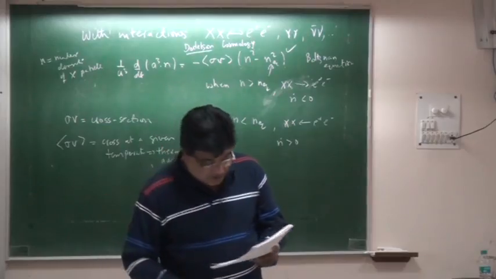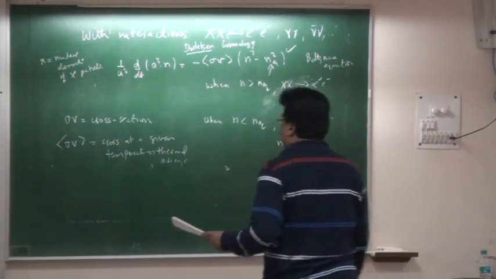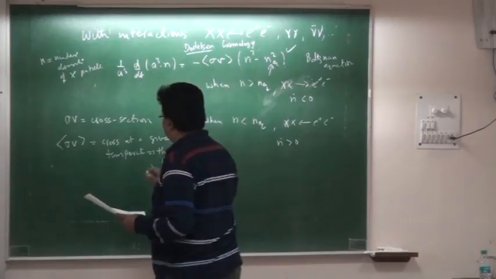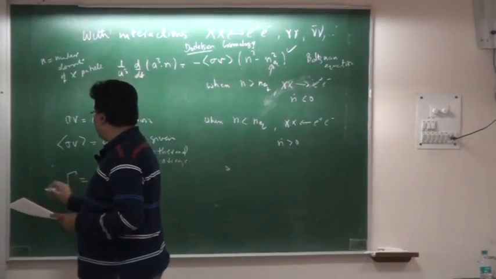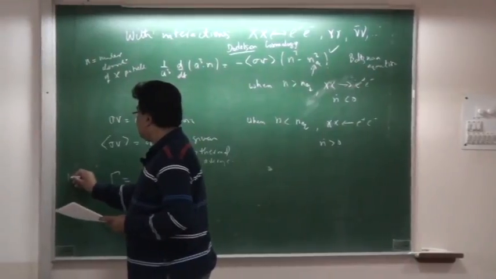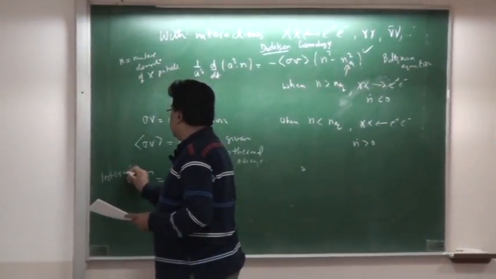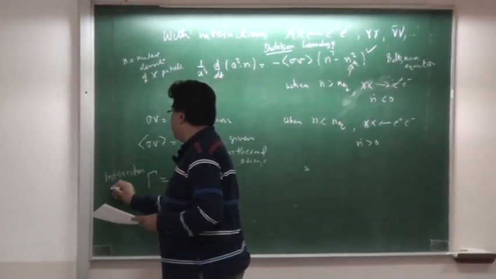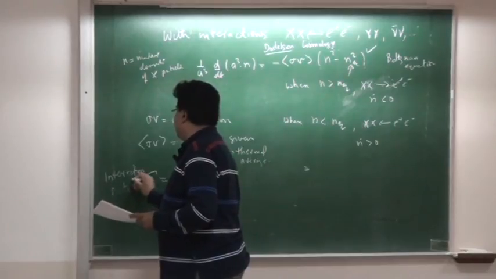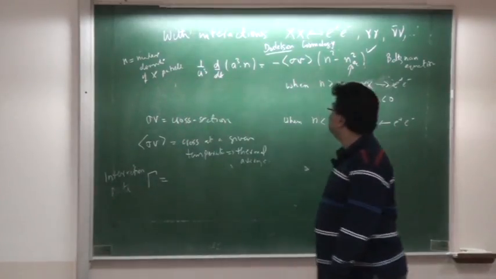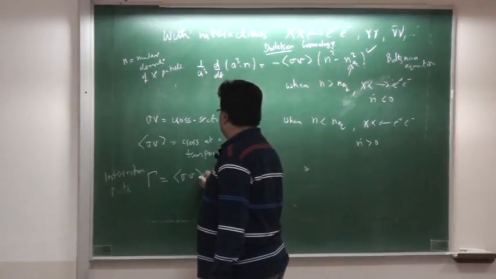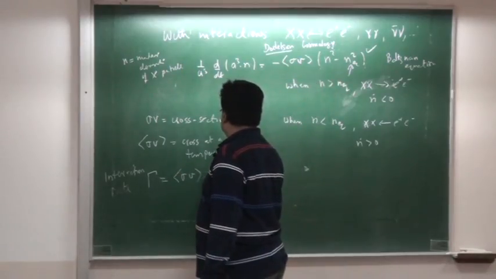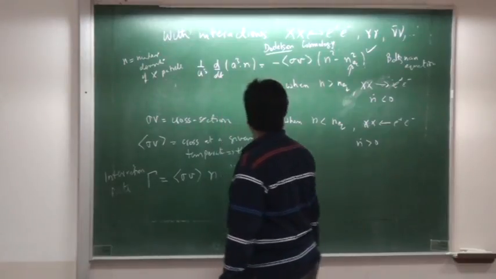So what you get now, I'll write one more quantity which is relevant. This is called the interaction rate. This is sigma V times n square.